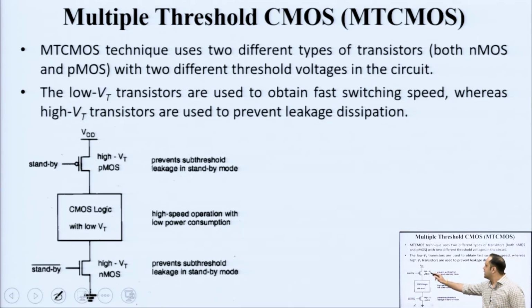The gate electrodes are connected to a standby signal which is complementary. So, when this standby is 0, this is 1; when this is 1, this is 0. And then you have your normal CMOS logic in the middle using low threshold voltage transistors. So, all the logic operation is actually implemented by low threshold voltage devices only.